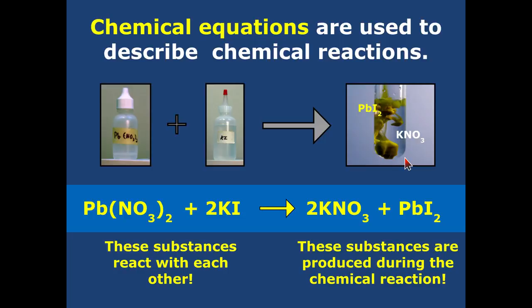But you'll figure that out later. These substances on the reactant side yield these substances over on this side, which have been produced during the chemical reaction.